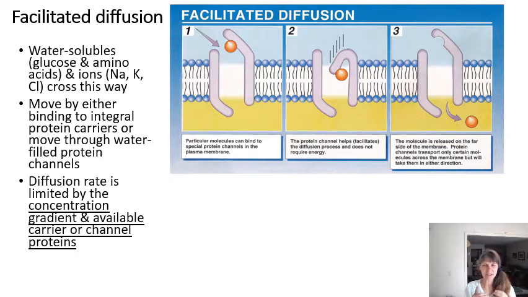When atoms join together and form a bond, it often changes the shape, as we saw in proteins. So when we bind different atoms to these proteins, it may change their shape and actually help move these substances across from one side of the membrane to the other. So they can either move by binding to integral protein carriers, or they may move with water through aquaporins, and the diffusion rate will be limited by the concentration gradient and the available carriers or protein channels.